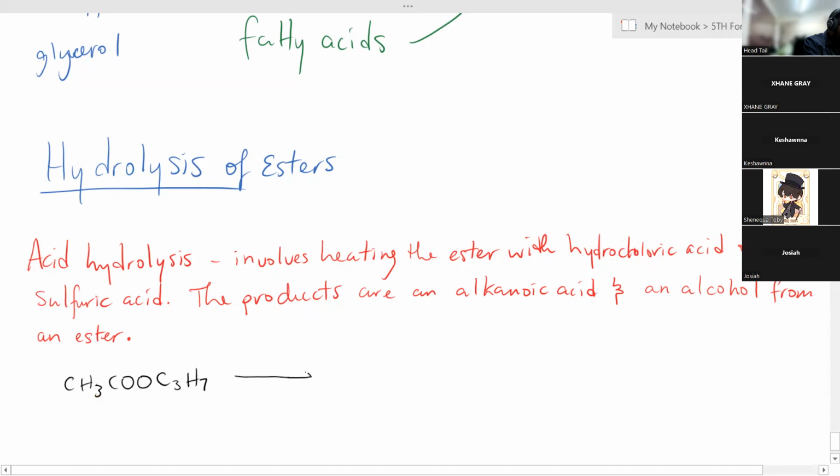And that is going to be a reversible reaction, of course, to produce CH3COOH plus C3H7OH. So here is propanol, and here is ethanoic acid.